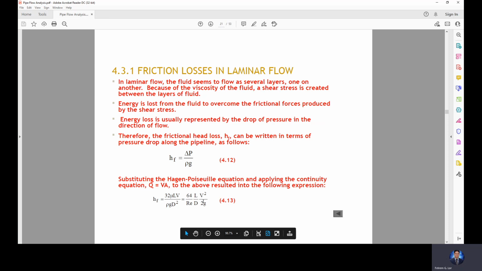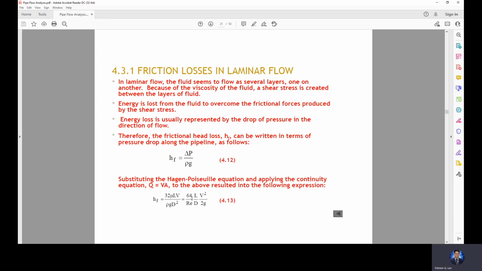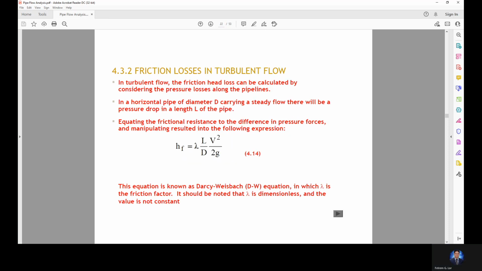So if you can observe, in laminar flow, the Reynolds number matters. But in turbulent flow, the Reynolds number no longer matters. Although, as I've said, it is the same concept, it is a different equation and a different approach, because this is dependent on the Reynolds number while in turbulent flow it is not.